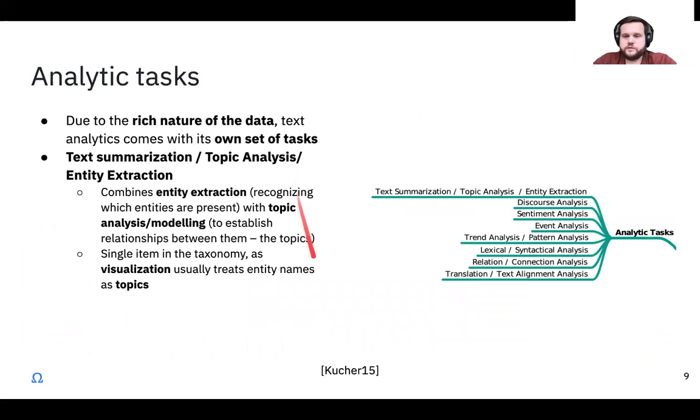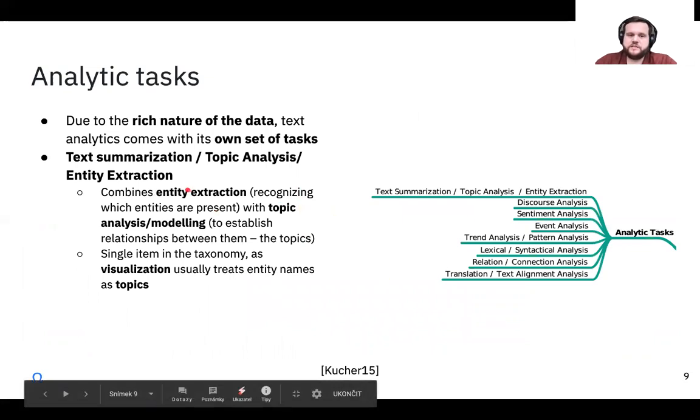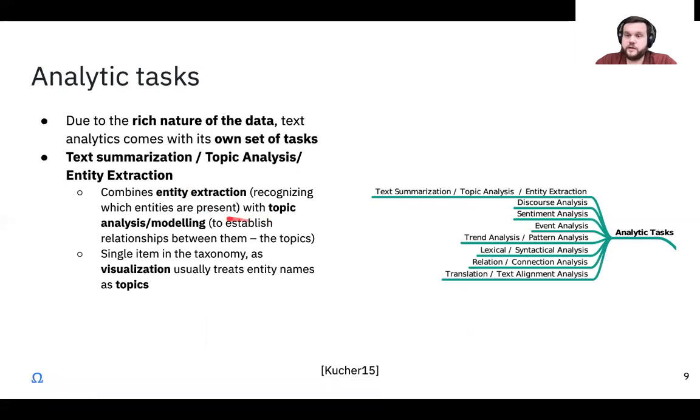Yes. So here we have discussed that basically you do this entity extraction and topic modeling, and event detection is basically doing this over time.